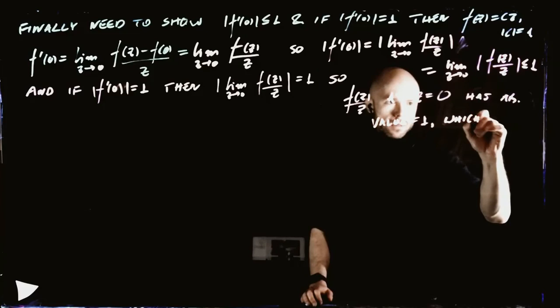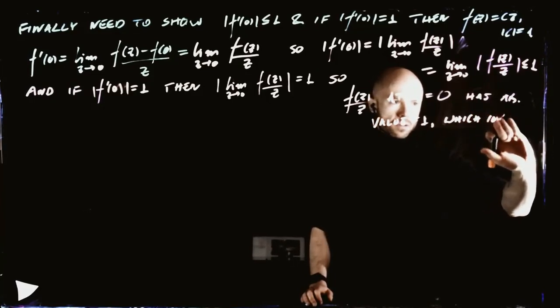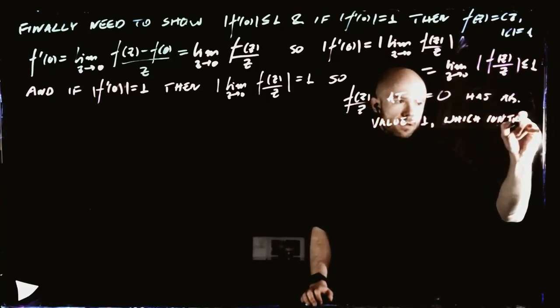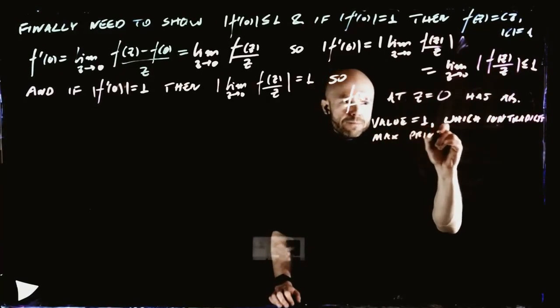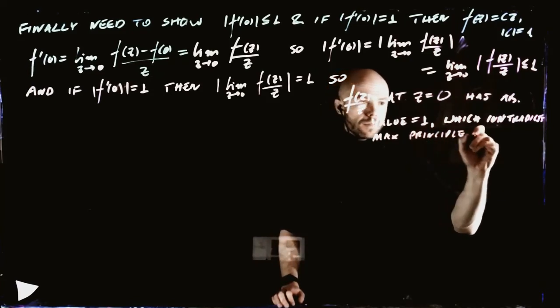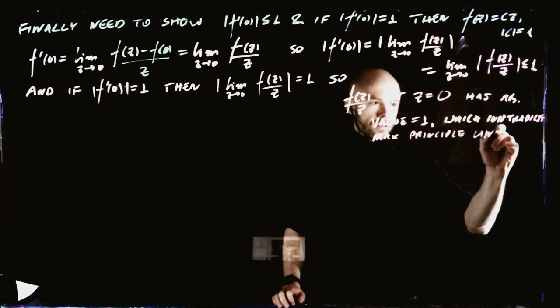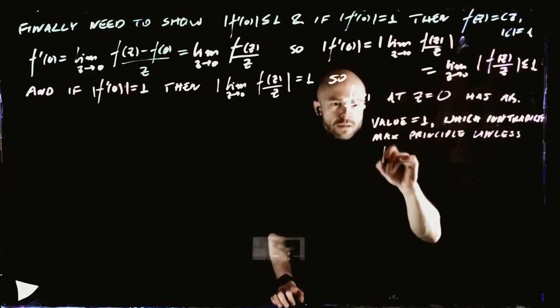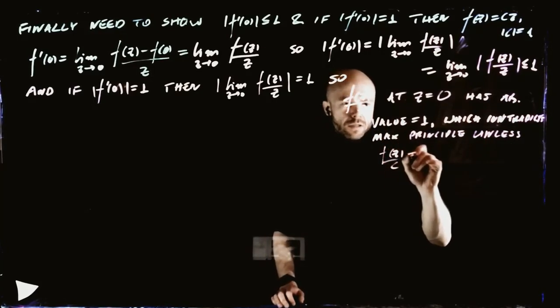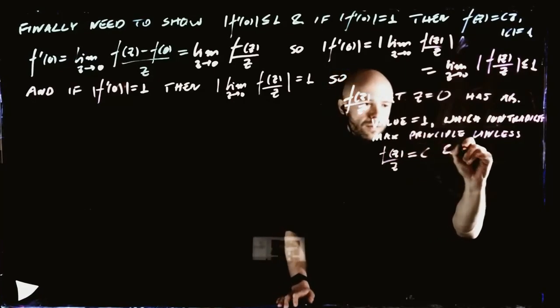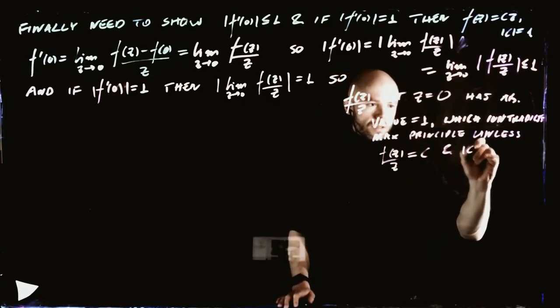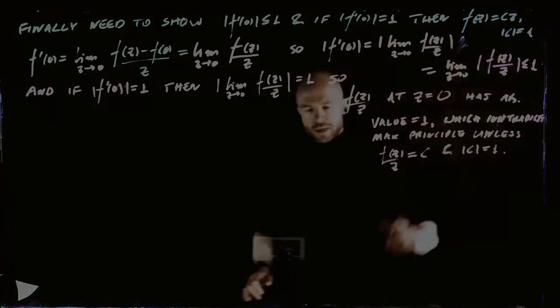Which contradicts the max principle, unless f of z over z is just equal to a constant, and mod c is equal to 1, and we have exactly what we need. Yeah?